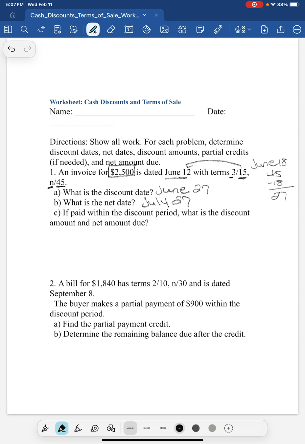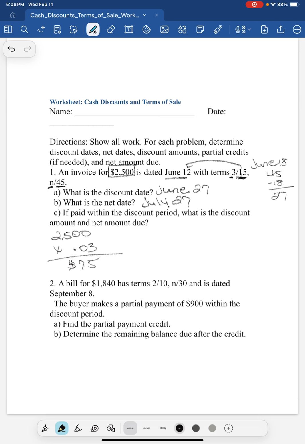Okay, if you paid within the discount period, within the 15 days, what is the discount amount and the net amount due? You find the discount amount just like you do with any of the trade discounts we looked at. You start with $2,500 and multiply that by 0.03, because that is the percentage rate of your discount. 2,500 times 0.03 equals $75 off if you pay within the first 15 days.